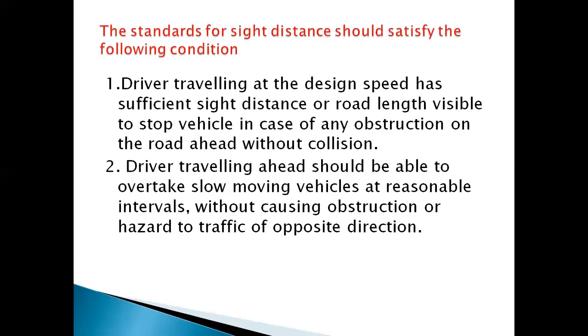Now the next point is the standard conditions for sight distance. First, a driver traveling at the design speed has sufficient sight distance, or road length visible, to stop the vehicle in case of any obstruction on the road ahead without collision.